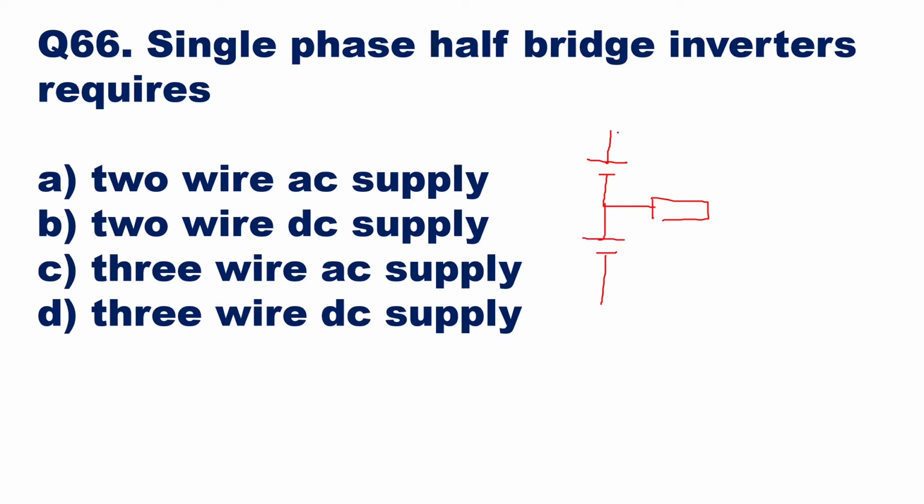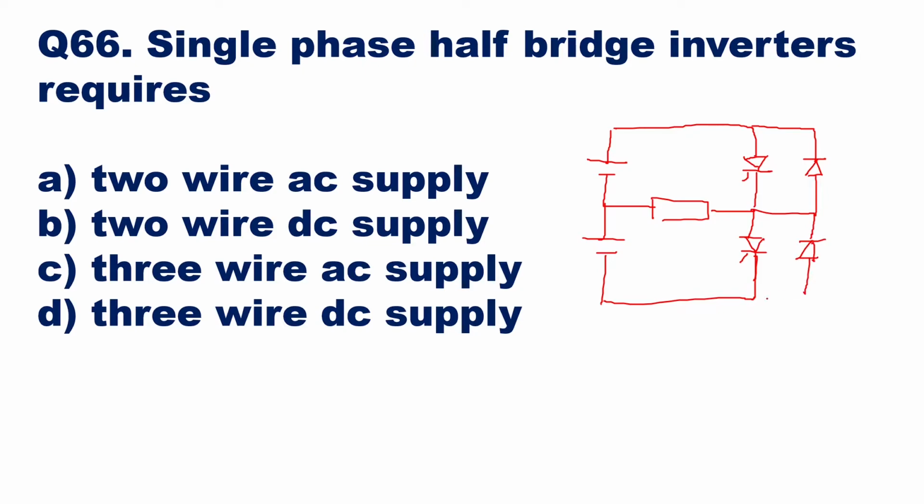Then here we had our SCR1, and then here we had SCR2, and here you have your diodes. So here you can have your freewheeling diodes. This is your load, and this is the input supply, plus minus, plus minus. This supply will be Vs upon 2, and this will be minus Vs upon 2. Both are Vs upon 2.